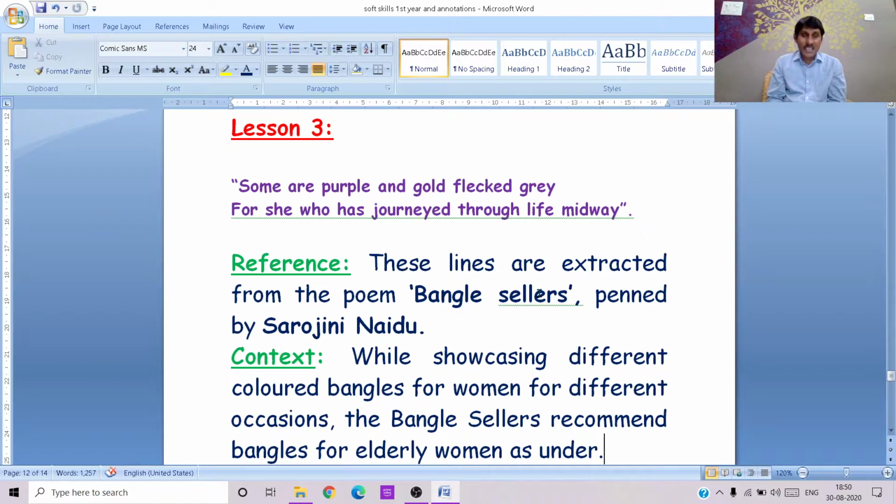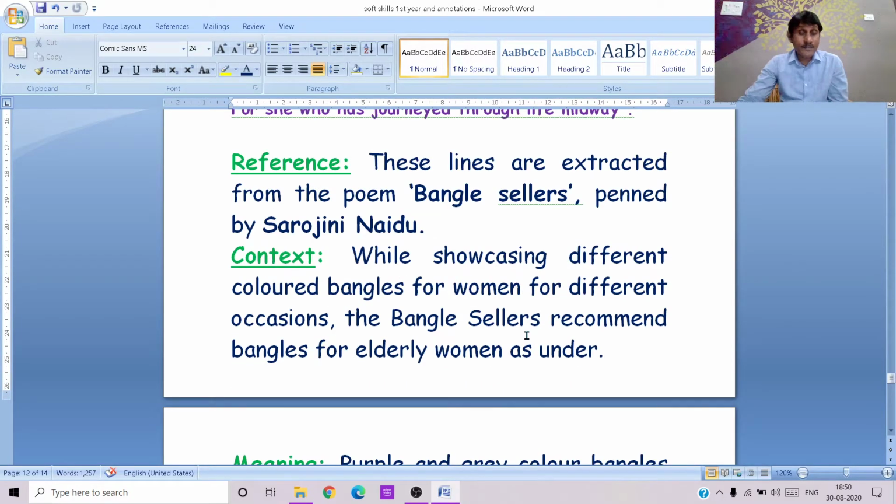And for the third stage of a woman, they have purple and grey colored bangles, gold-flecked grey colored bangles for middle-aged women. So they have bangles for three different stages of a woman's life.